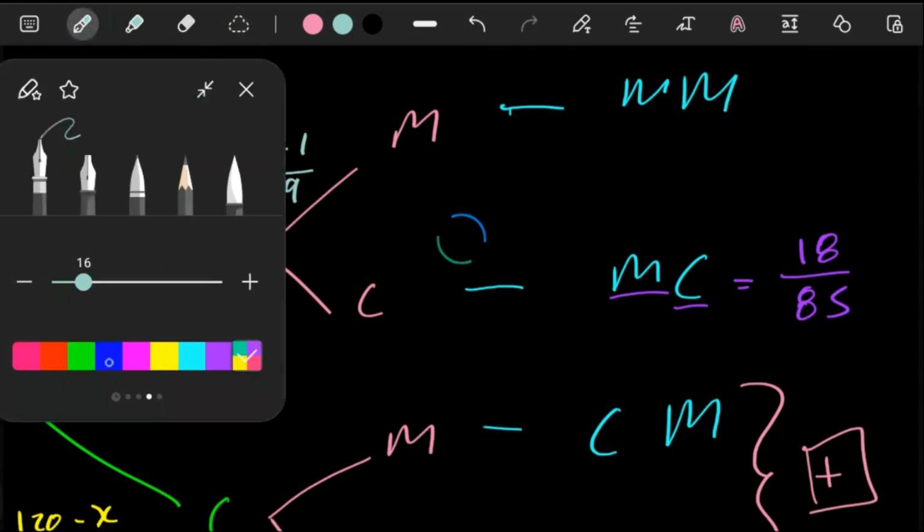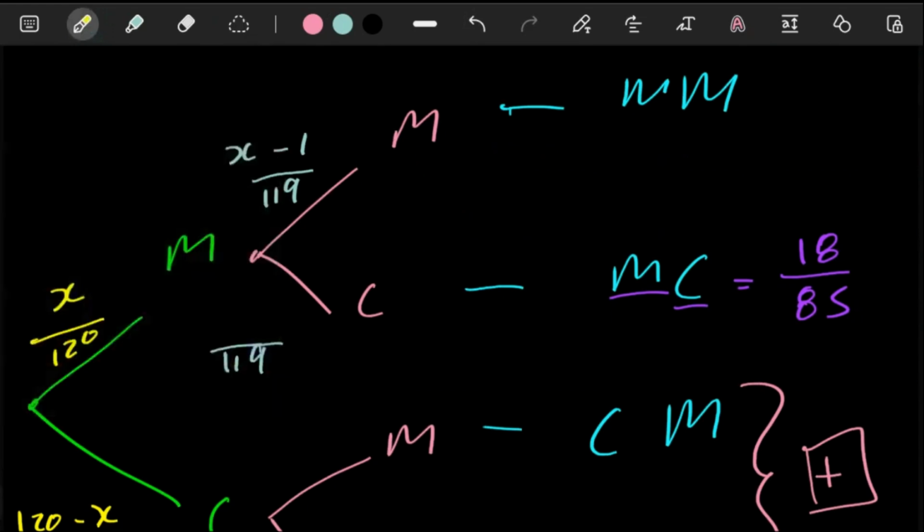So the number of cheese sandwiches we're going to have would be 120 minus x. But does this make sense though? Yeah, it kind of low-key does. I'm suspecting 119 minus x minus 1.